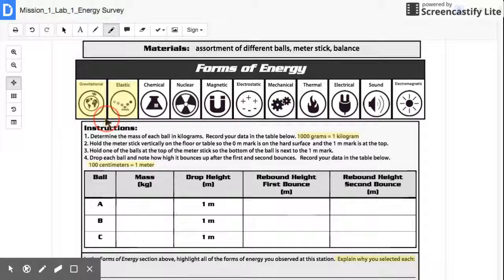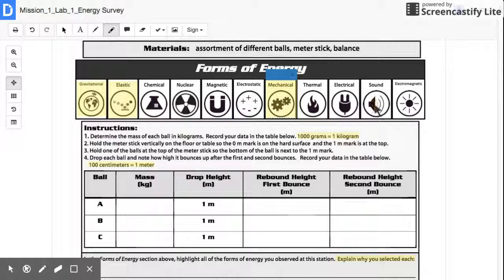Gravity makes the ball fall, right? That's what forces it to fall at 9.8 meters per second squared. And that is one of the forms of energy that you would have. And then obviously the ball is moving around. Kinetic energy, and the form of kinetic energy is going to be mechanical in the actual movement of the ball. So there are at least 3.